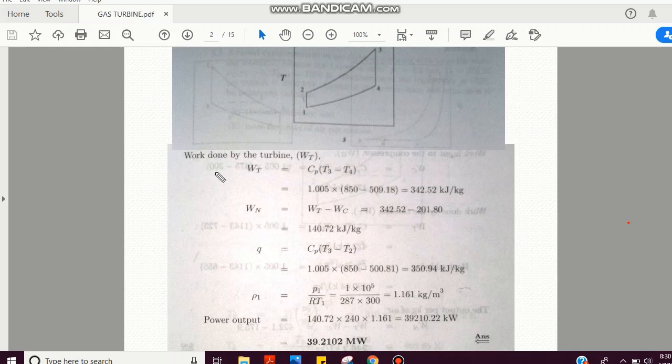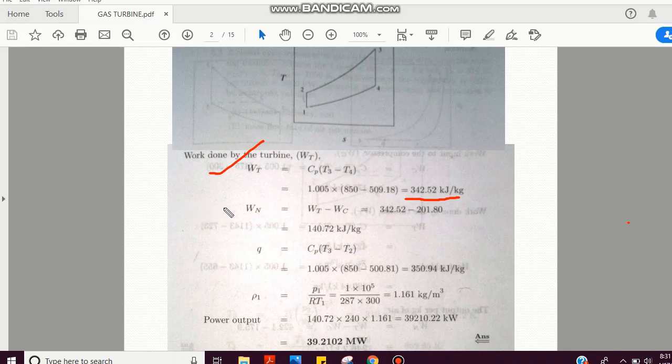Now the work done by the turbine, WT. As the turbine process is 3 to 4, we can write the turbine work done is equal to Cp into (T3 minus T4). By substituting the values of T3 and T4, we get turbine work as 342.52 kilojoule per kg.